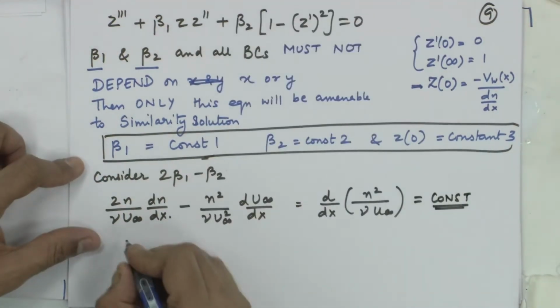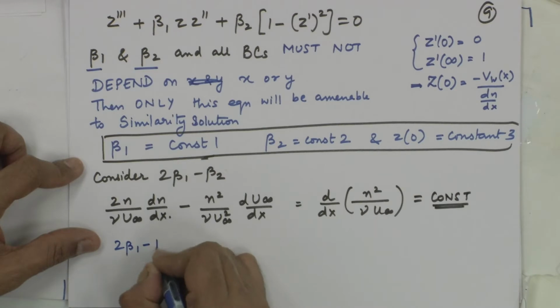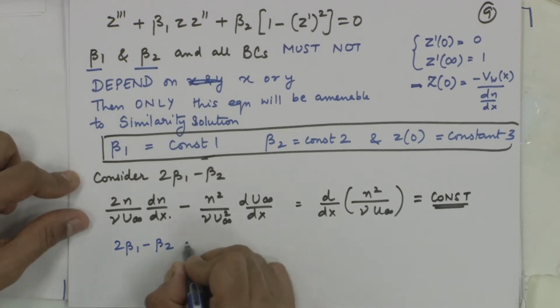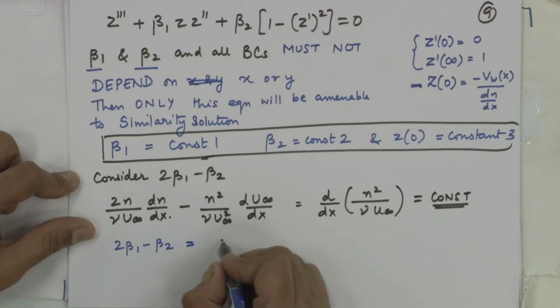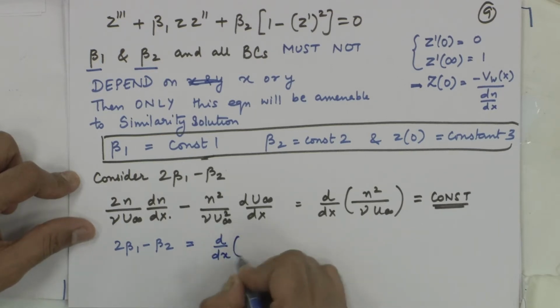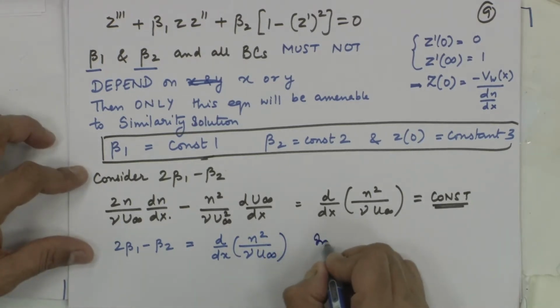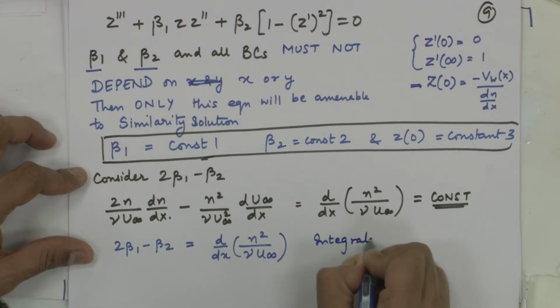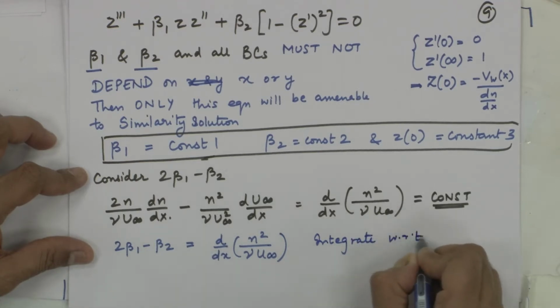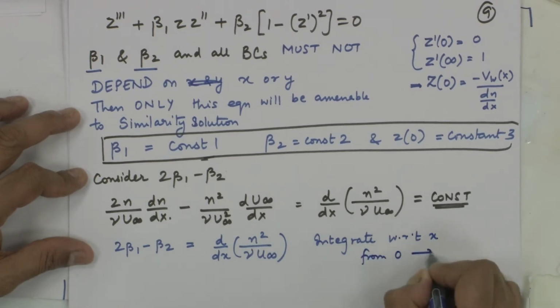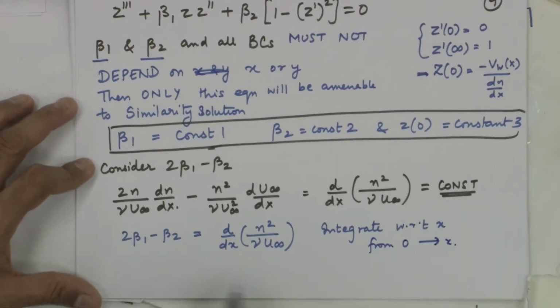So, I am saying 2 beta 1 minus beta 2 is nothing but d by dx of n squared by nu u infinity. So, integrate with respect to x from 0 to some arbitrary x. What can I say?